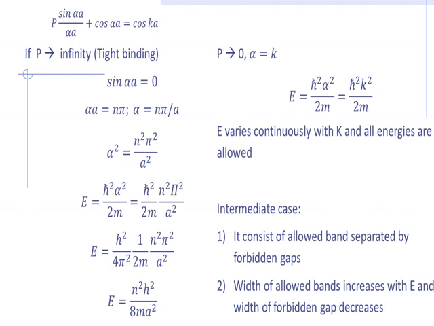Let us take the extreme that sin(αa) is equal to 0. That means αa is equal to nπ, or α is equal to nπ/a. If we square it, α squared is equal to n squared π squared upon a squared. Just now, while discussing the Schrodinger equation, we said that α squared is equal to 2mE upon ħ squared.